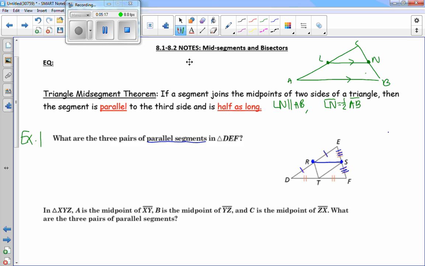Okay? RS is parallel to DF. And we can mark that with one arrow and one arrow. Because of our theorem, any mid-segment that's joining two midpoints in a triangle is parallel to the third side.